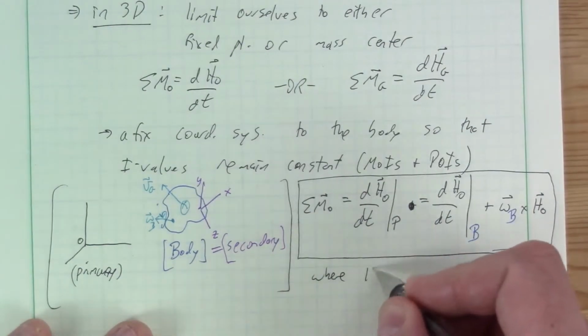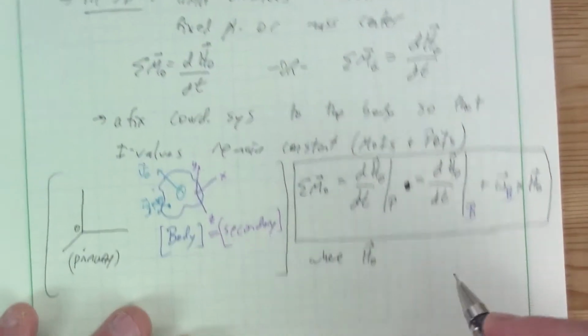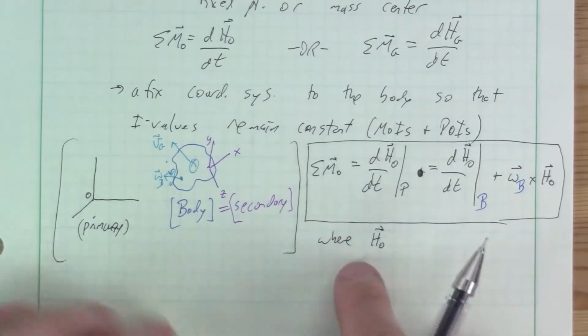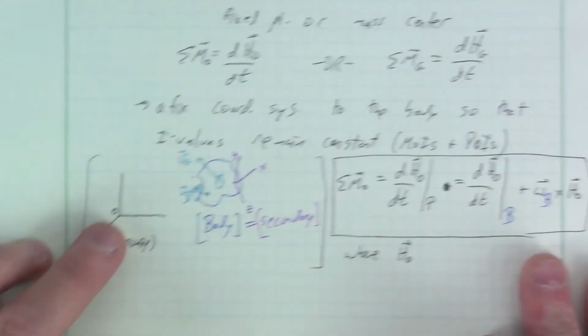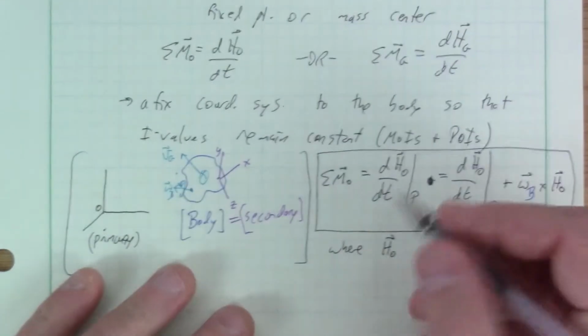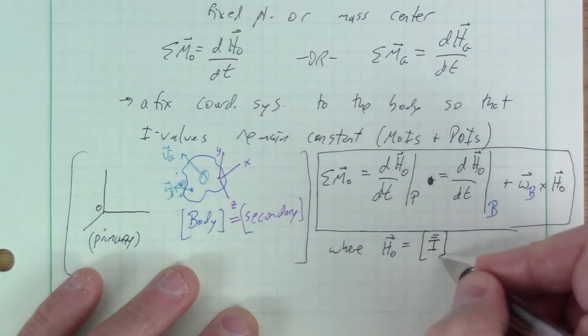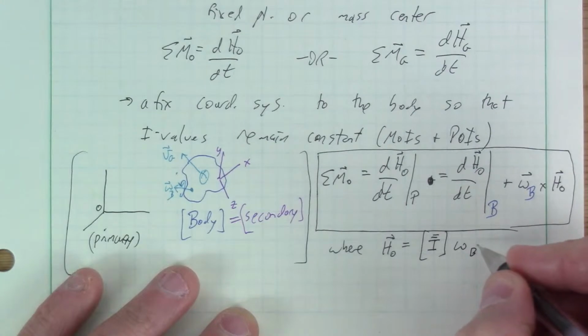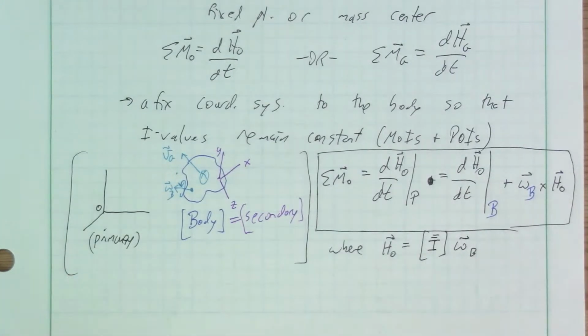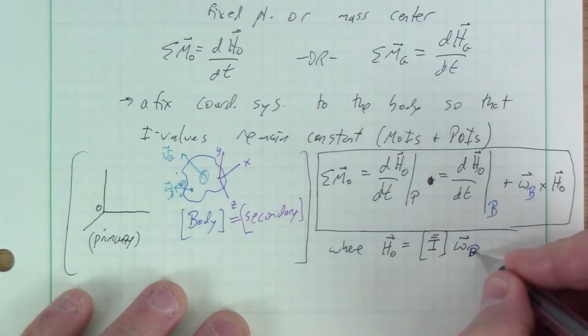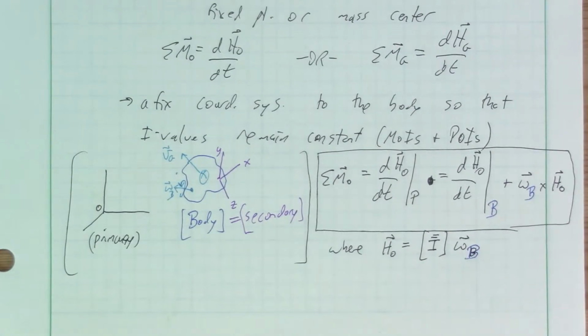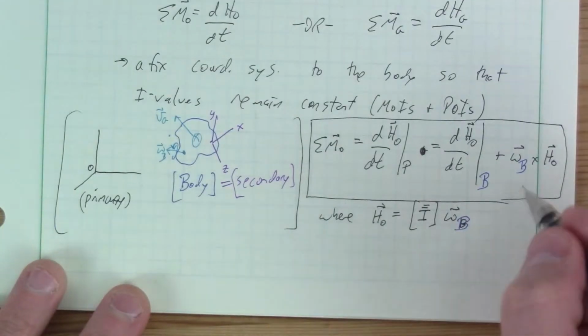Remember H_O, our angular momentum about point O, that's still sitting out here in space. Angular momentum about point O is just that inertia matrix times omega_B, the rotation rate of the body, which we wrote out last time.